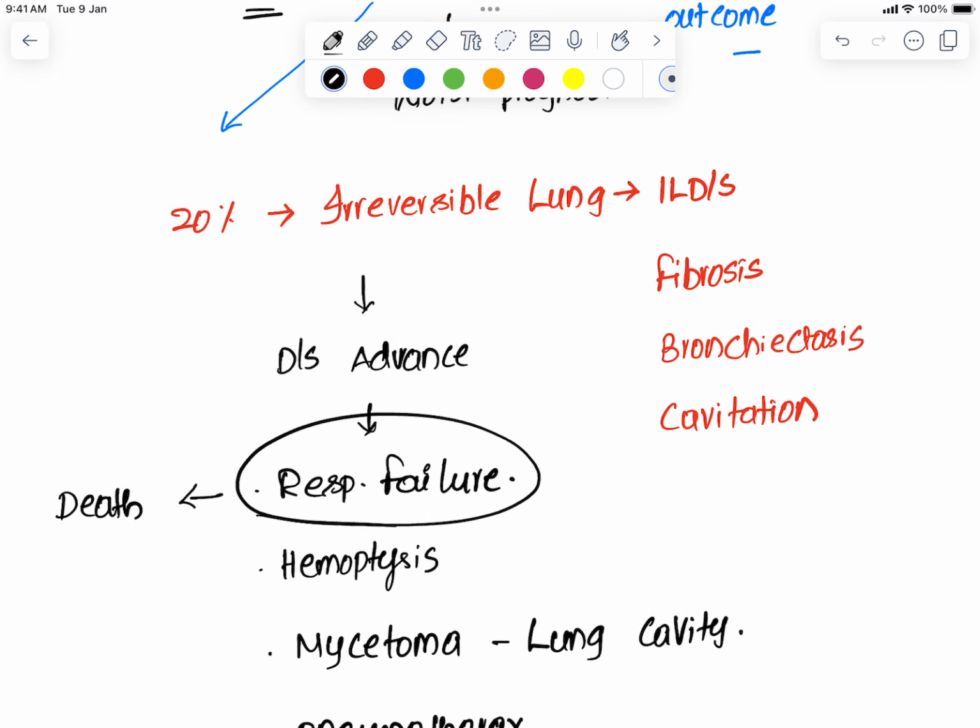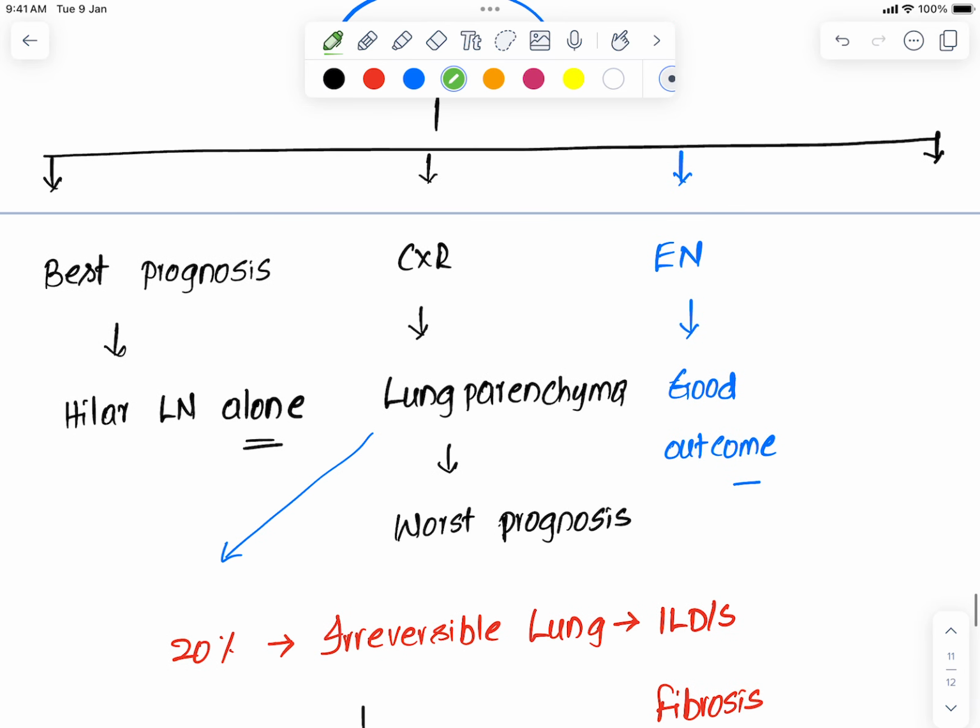Then, followed by the respiratory involvement, you need to be very much aware of the cardiac complications.